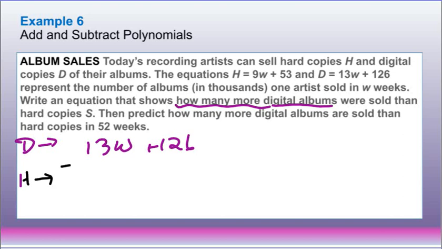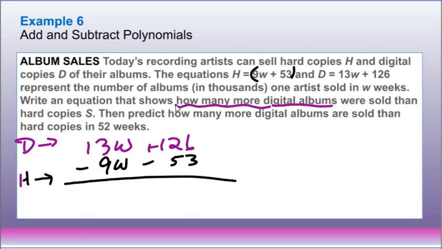So if I subtract it, I'm subtracting 9W and I'm subtracting 52 from it. So when I do the subtraction, I now have 26W plus 126 minus 52. 126 minus 52 would give us 74. So this is how many more they would sell.